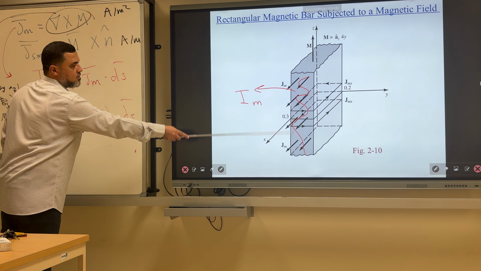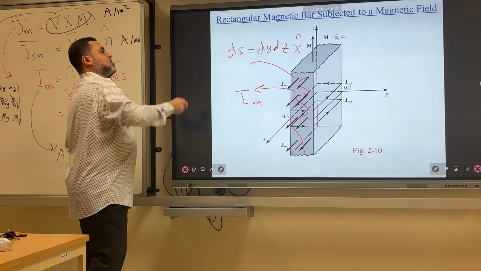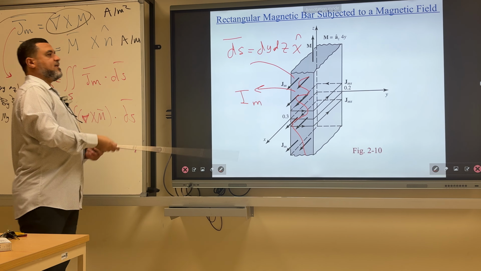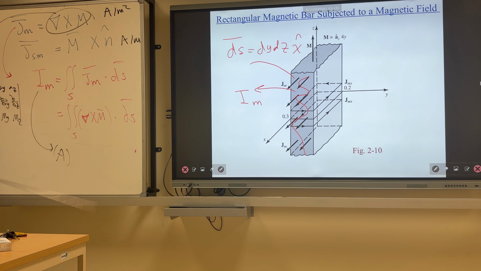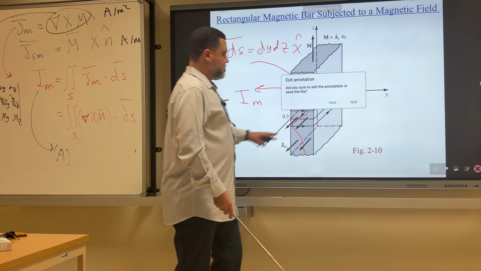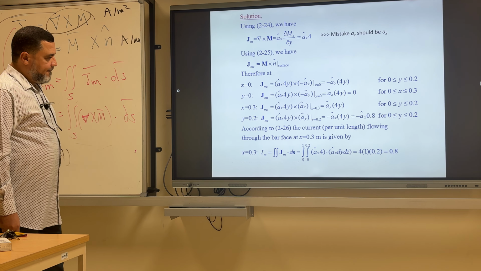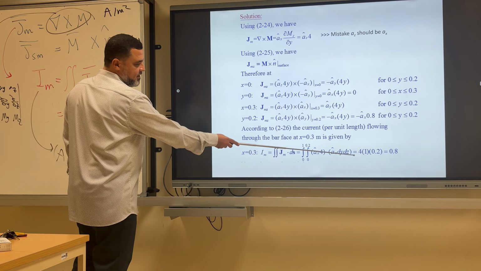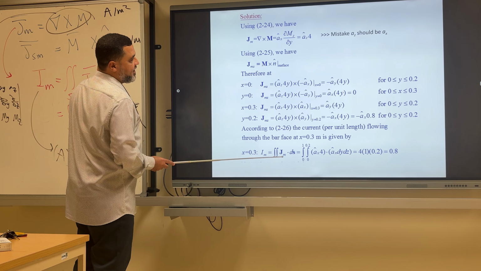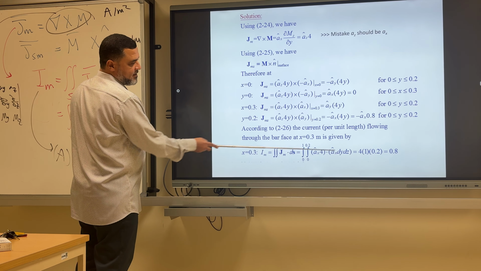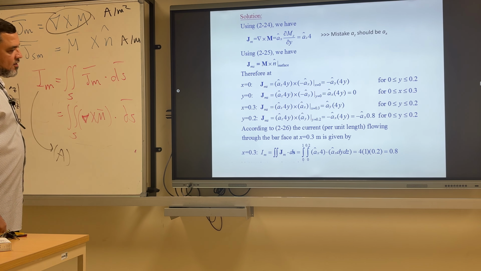So dS here will be dy dz in the x direction. So you will just use dS in the integration, and you have Jm found as 4ax. So this will give you the total current on this surface.